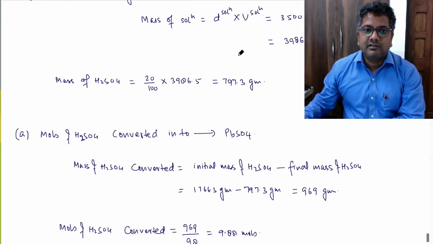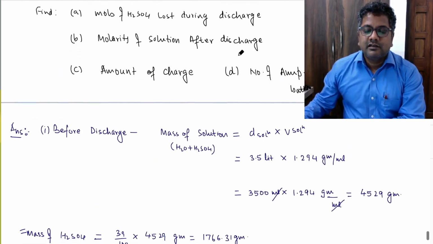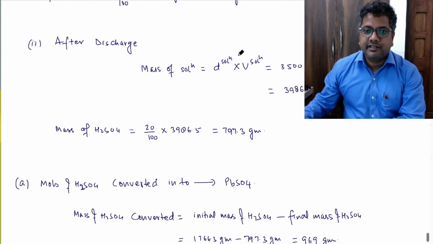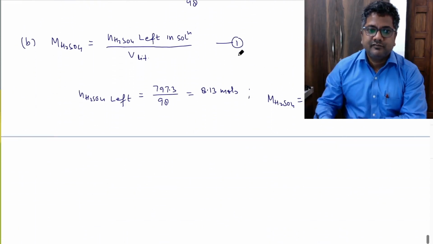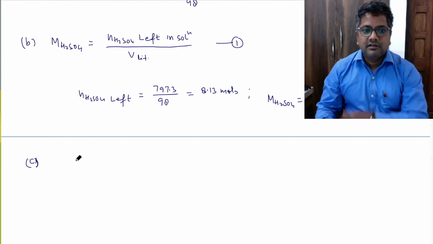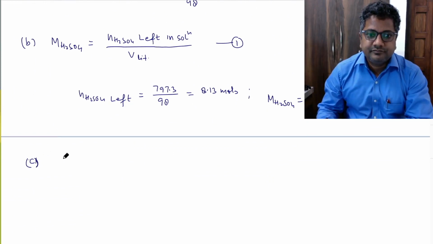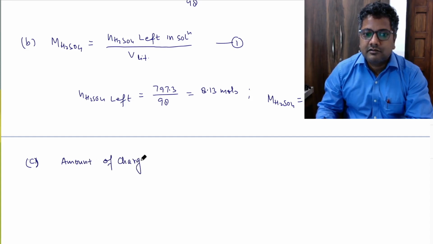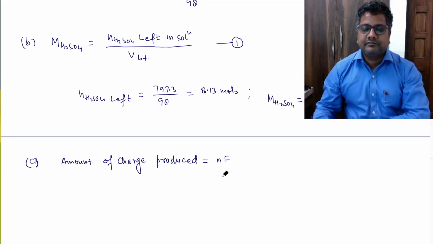Now the third part, what have they asked? Amount of charge. So the amount of charge produced is equal to N into F, right?